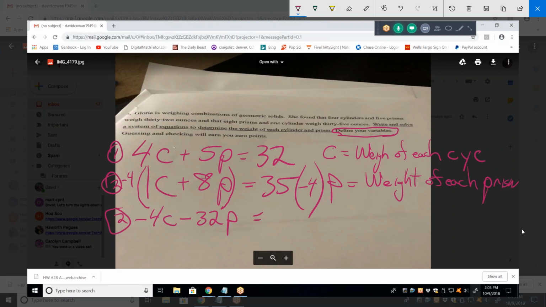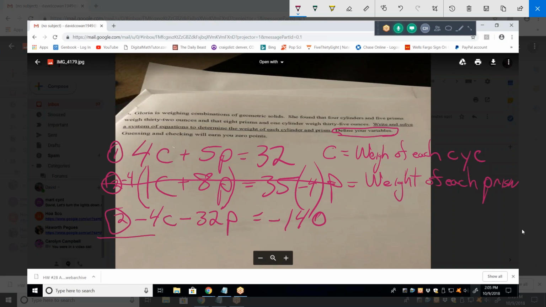And this one, you can use a calculator, but it's minus 140. In other words, I've got to multiply the right side of the equation by minus 4 also. So what I normally do is run a line through that so I don't get confused.